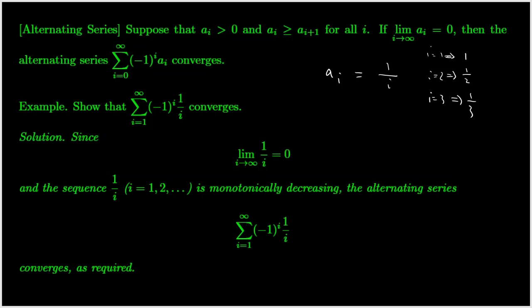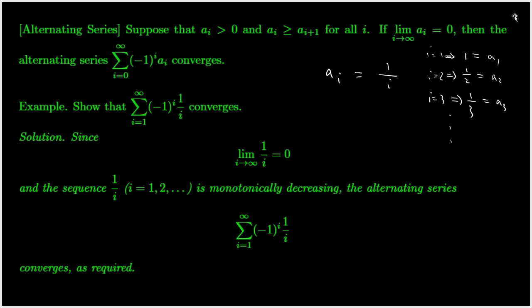I think you can see the pattern. In general, any i value determines the reciprocal of i. Now let's check the conditions. These are the a_i. I mean 1 is actually a_1, 1/2 is actually a_2, 1/3 is actually a_3.